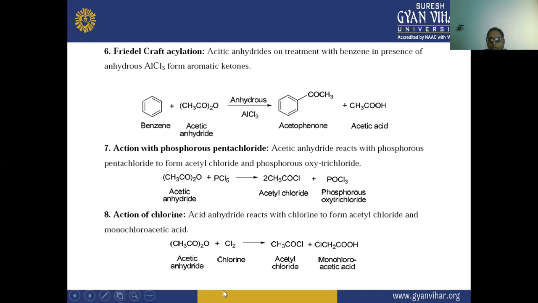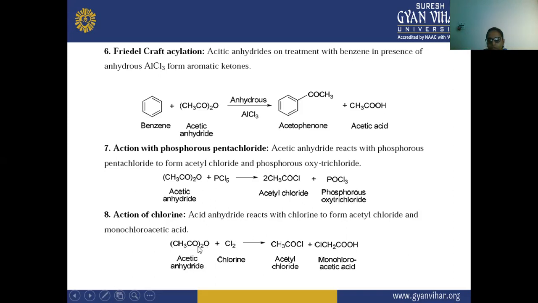So here you can see there is a chlorine, Cl is formed here, and this CH3CO whole twice oxygen is reacted, and there is a formation of acetyl chloride here. So this CH3CO is reacted with chlorine, and one molecule of chlorine is left, which will react with the CH2COOH.